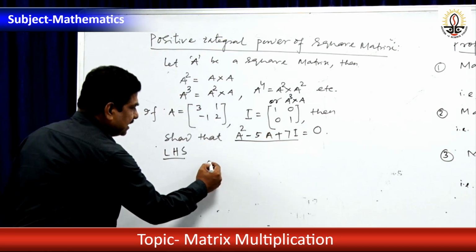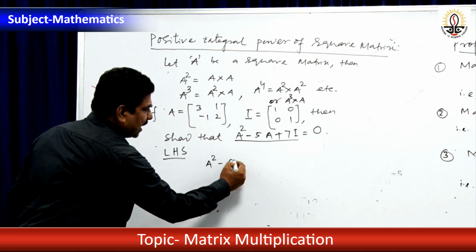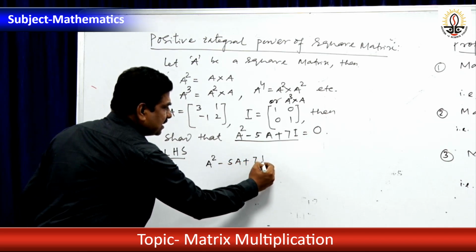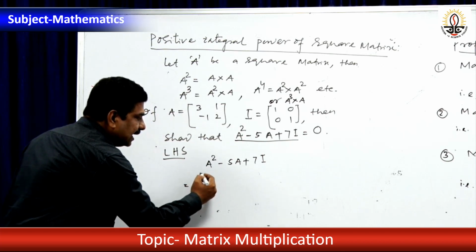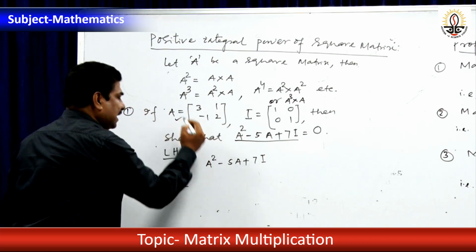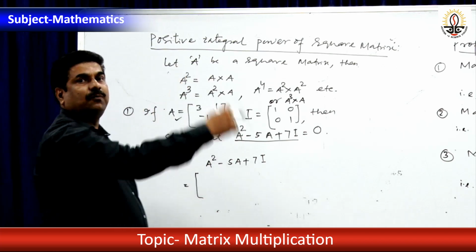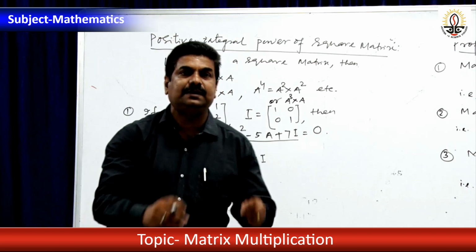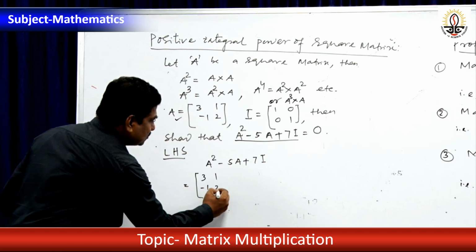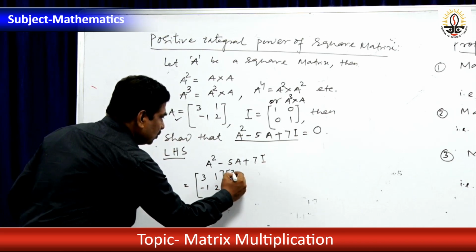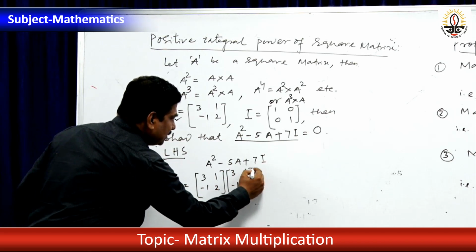Therefore, the left hand side is A square minus 5A plus 7I. A square means A into A. A is given, so instead of A square, we can write [[3, 1], [-1, 2]] into [[3, 1], [-1, 2]].